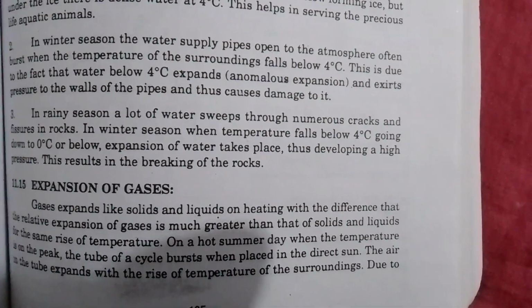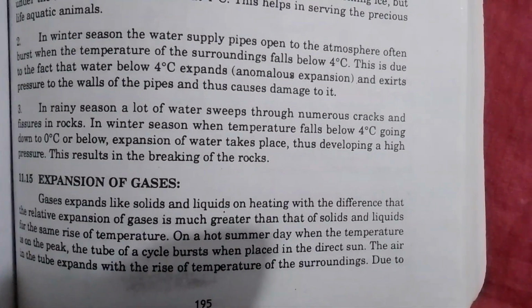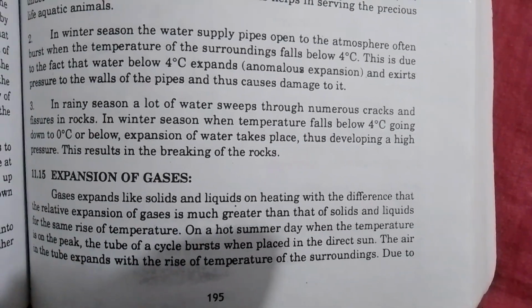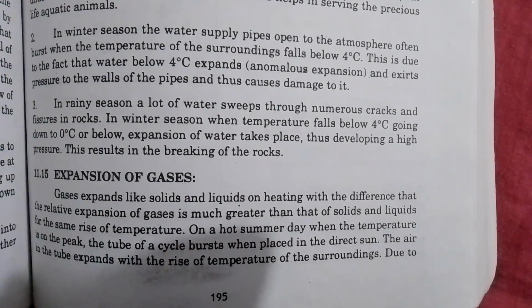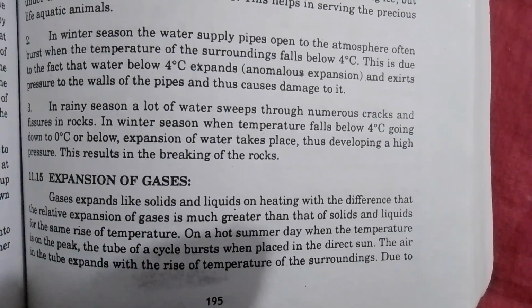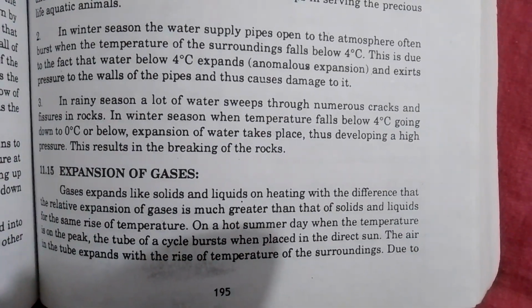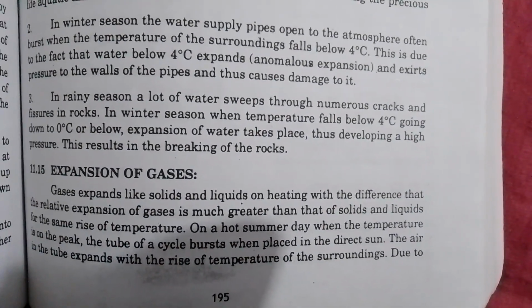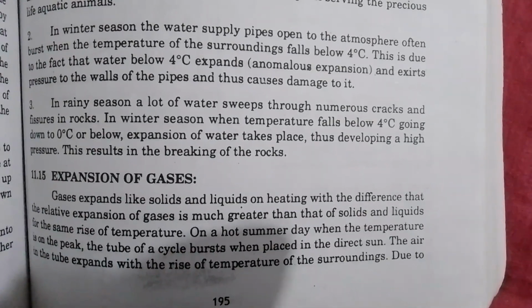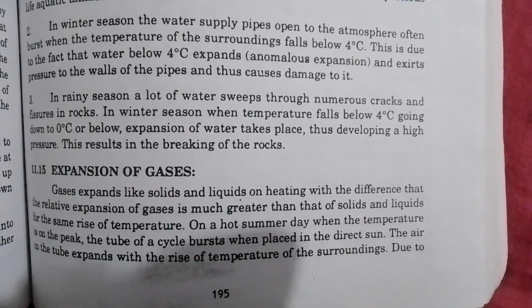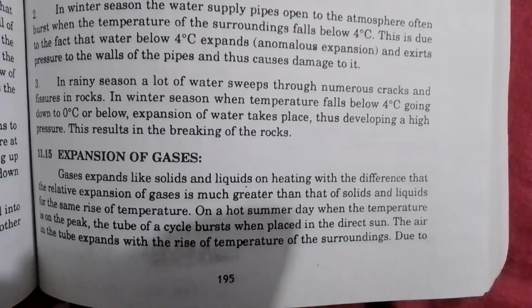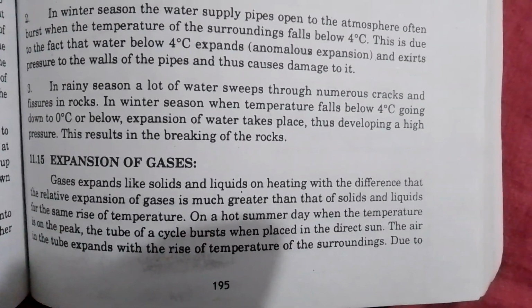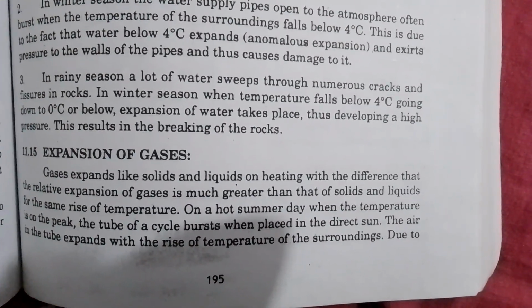In rainy season, a lot of water sweeps through numerous cracks and fissures in rocks. In winter season, when temperature falls below 4 degrees, going down to 0 degrees or below, expansion of water takes place, thus developing a high pressure. This results in the breaking of the rocks.